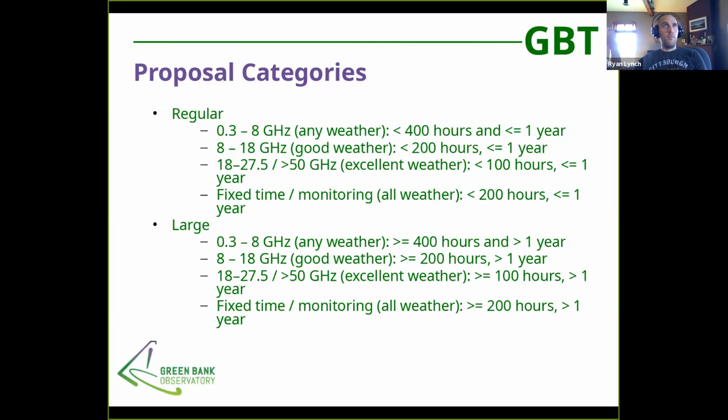You need to present a more detailed plan for how you're going to disseminate your results. They usually include some sort of public-facing website where you can put scientific data products after the proprietary period has gone up, as well as a few other requirements that are spelled out in the call for proposals. So you're asking for more time, a longer project. The threshold that you need to cross is a little bit higher, and extra information is required.